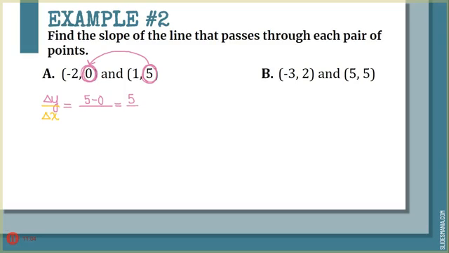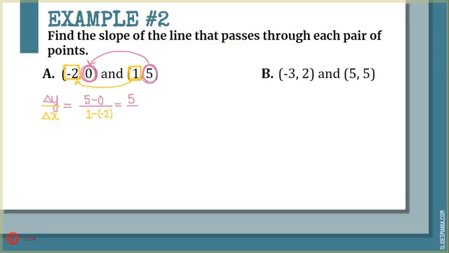Now, if I started with the 5, I have to start with the matching x value when I find my change in x. The matching x value would be 1, and then I'm going to subtract, and notice this is a negative 2. So I'm going to have to take 1 minus, not just 2, 1 minus a negative 2.